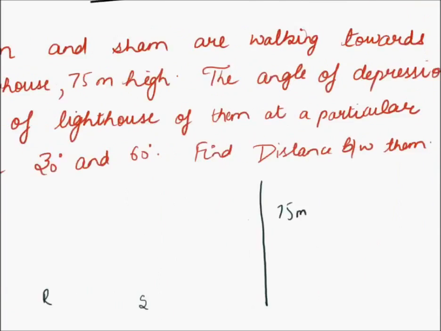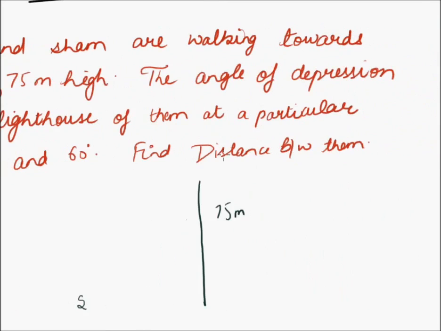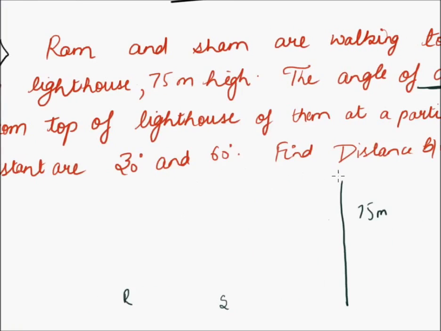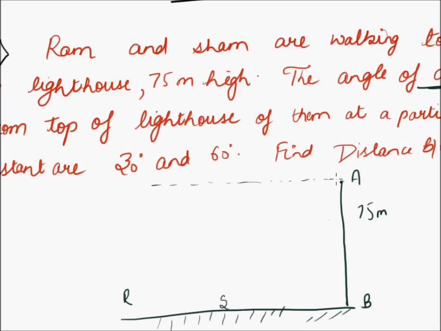The angle of depression, friends, mind the word depression, from the top of the lighthouse, say the lighthouse be AB and the ground be this, so the parallel to the ground be the line, say AR dash. The angle of depression are 30 degree and 60 degree.